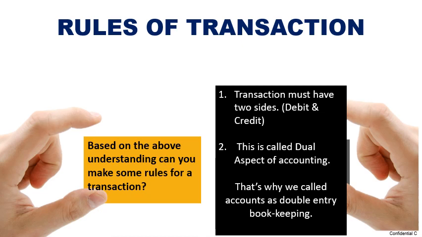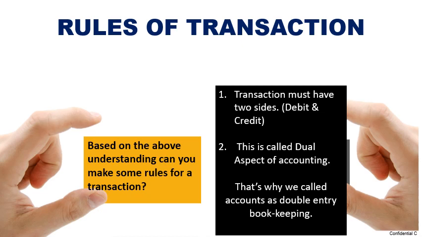One side is debit, another side is credit, right? If there is a debit, there must be a credit. You cannot make a one-sided transaction. It should have two-sided transactions. Because of this, it is called the dual aspect of accounting. Dual means two. One is debit, another one is credit.